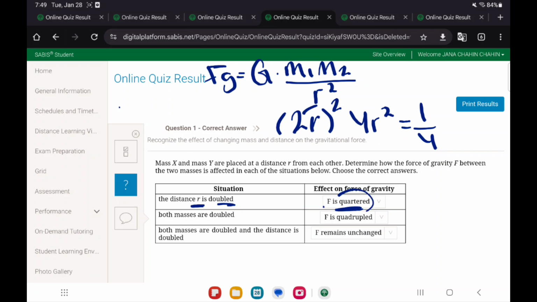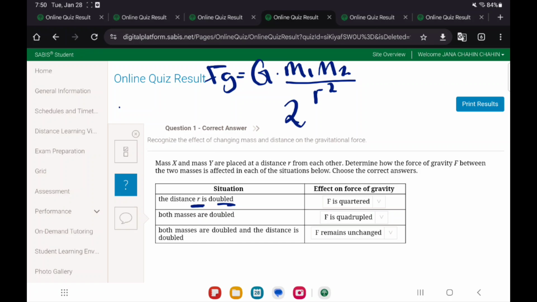Now, both masses are doubled. So let's go back to our equation. Both masses are doubled, so 2m1 times 2m2 over r squared.